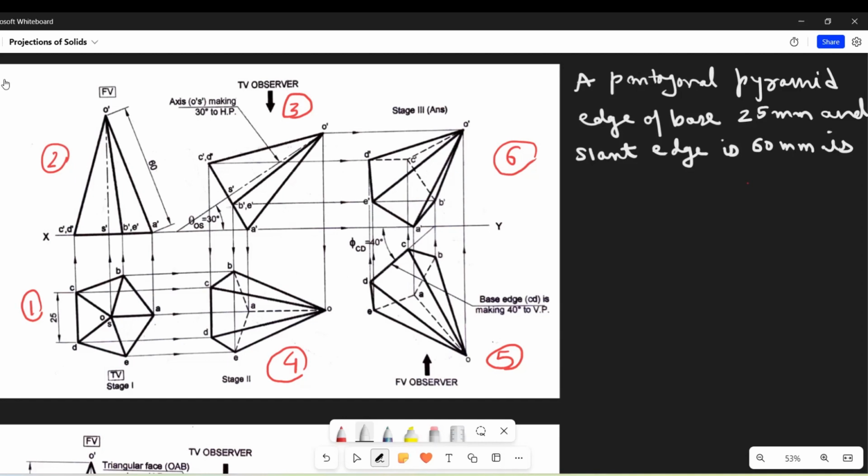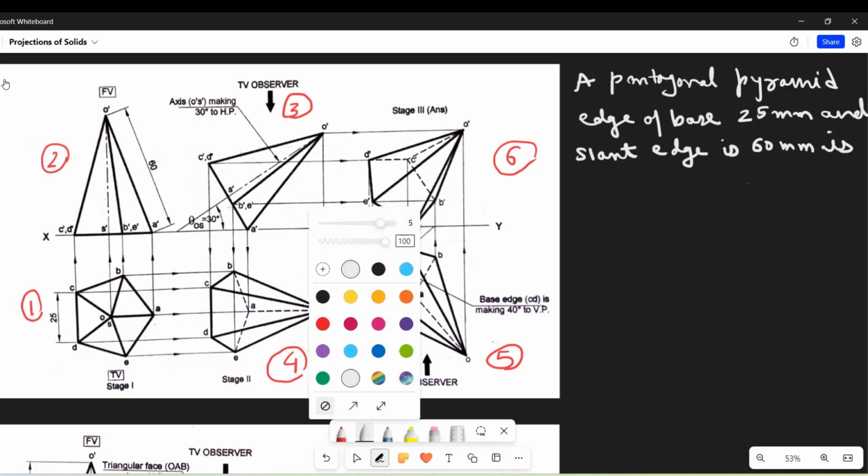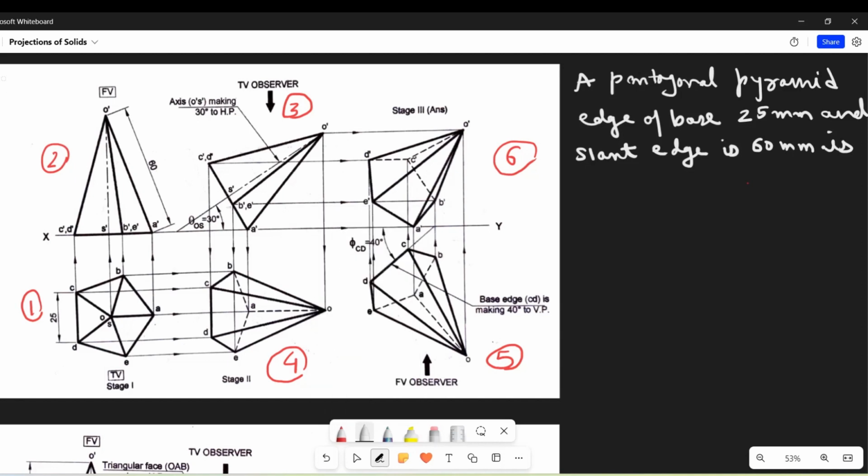Now we see here that this pentagon is resting on its corner. How do I understand that? If you go to stage number 2, here on the XY line, we see a corner, that is only 1 A dash.